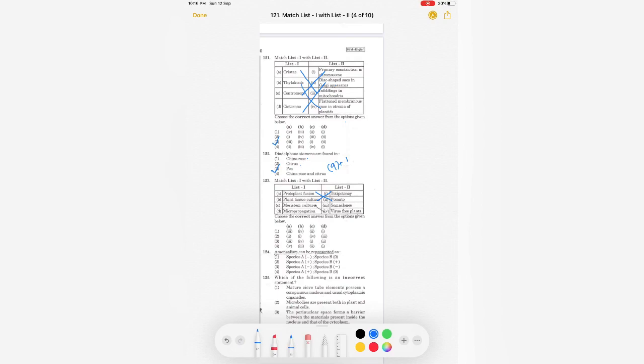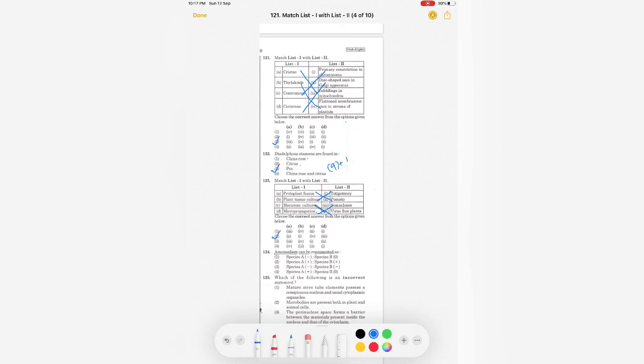Meristem culture is mainly used for making virus-free plants, because in meristematic tissue virus cannot survive. Micropropagation. After micropropagation, we can easily get somaclones. Micropropagation is actually the production of a large number of plants in a short period of time using tissue culture. So finally we'll be getting clones, and these clones are also called somaclones. So for the question number 123, correct answer will be 2.